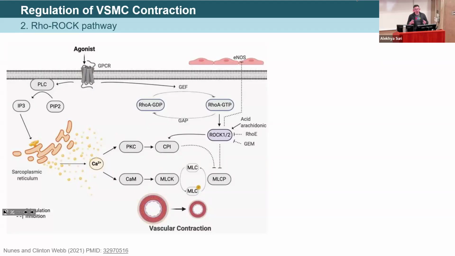So if the cell can afford to produce all of the ATP that is necessary to keep calcium high and to keep myosin turning over, then yes, right? But that's not necessarily something that all smooth muscle cells want to do all the time.